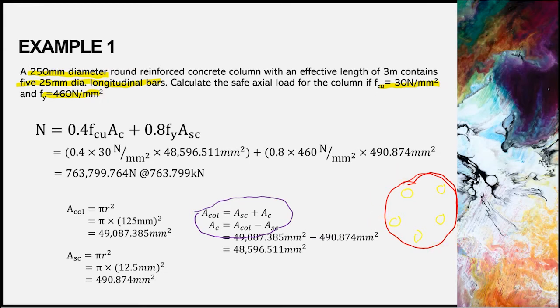So for a circular column, the formula to calculate area is pi r square or pi d square over 4. It doesn't matter which formula you use, you're going to get the same answer.